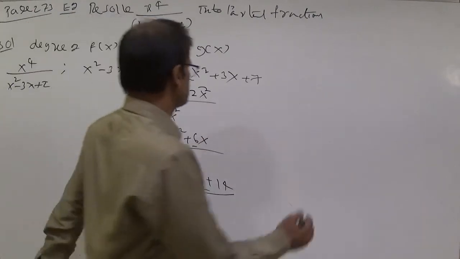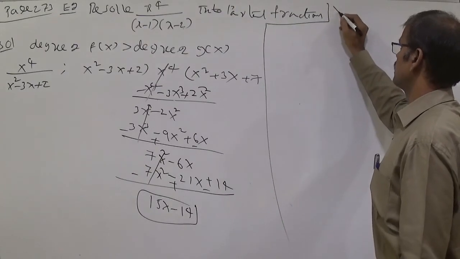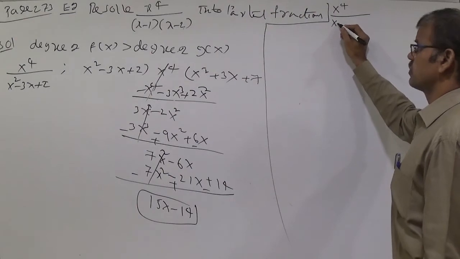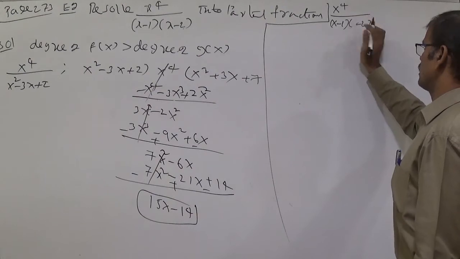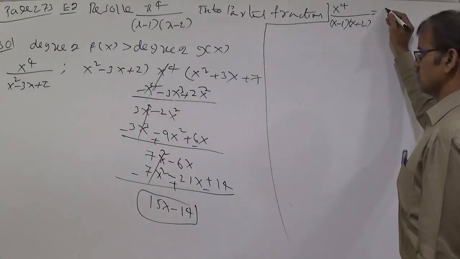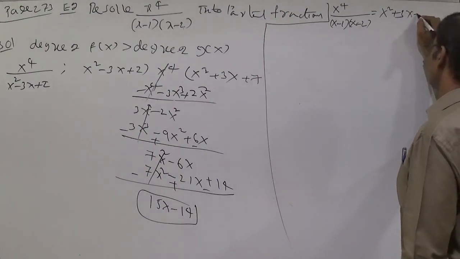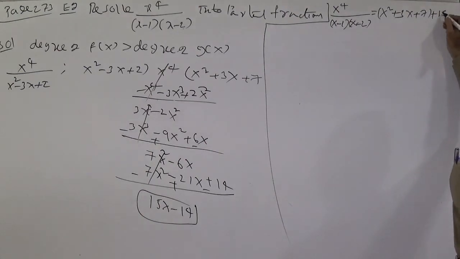This is the remainder and this is the quotient, using the division algorithm. Some staff members call this the long division method. By the division algorithm or long division method we got x square plus 3x plus 7 plus 15x minus 14 whole by x minus 1 into x minus 2.